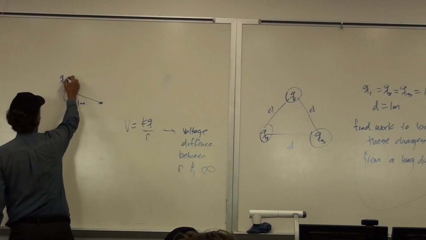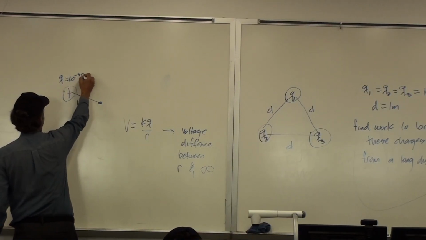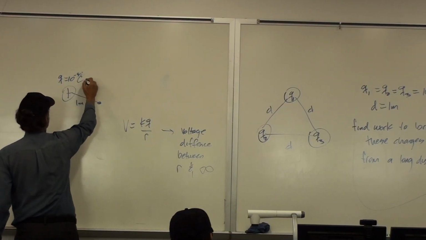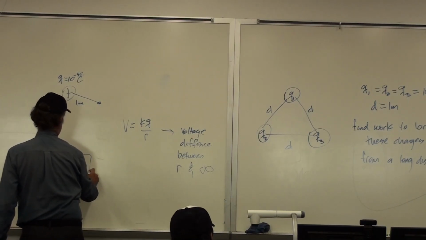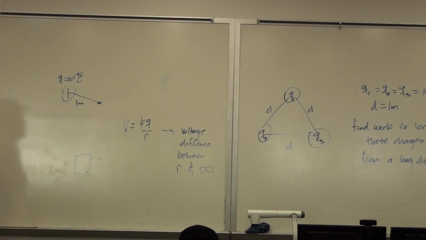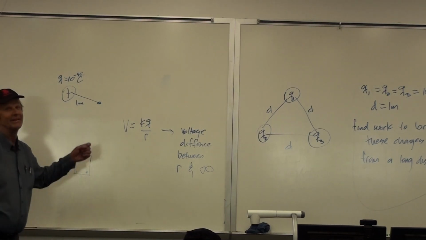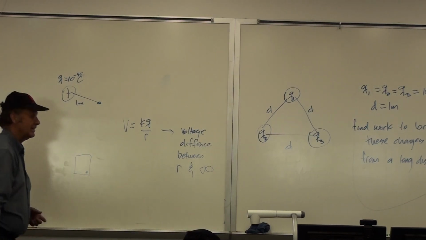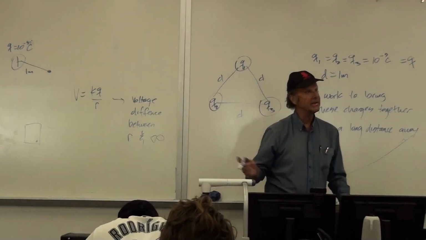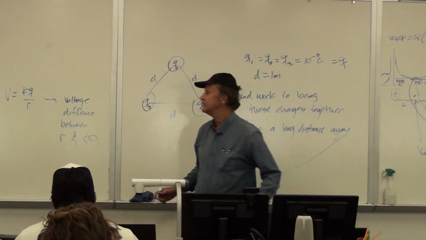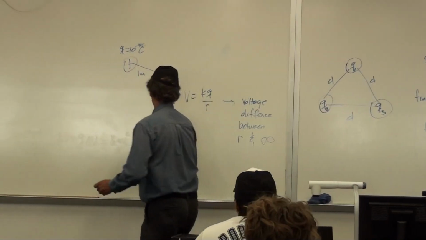This is Q equals 10 to the minus 5 coulombs. Then, if I take a voltmeter here, and there are problems with doing this in a space because you don't have a conducting medium. But when we did this in lab, we had conducting paper that would allow our voltmeter to work. So this kind of a voltmeter wouldn't work doing this. But the principle is still the same.